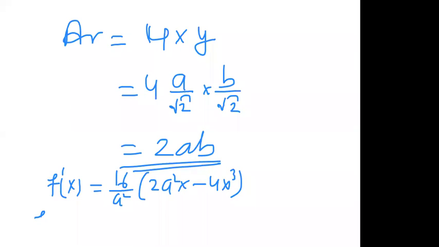I can calculate f double dash x: 16 upon a square into (2a square minus 12x square).